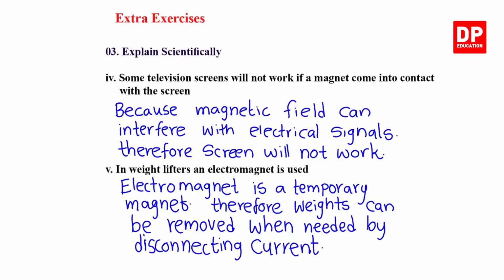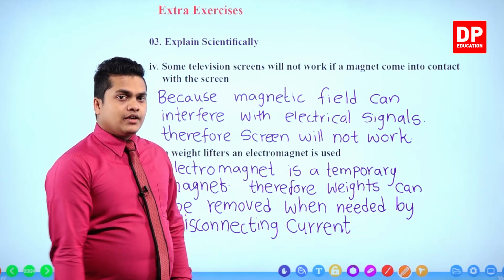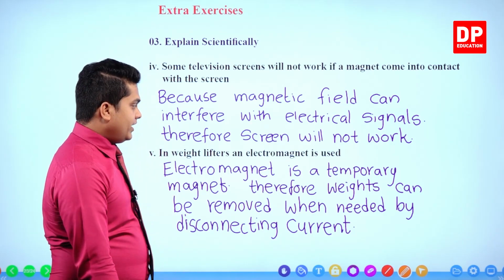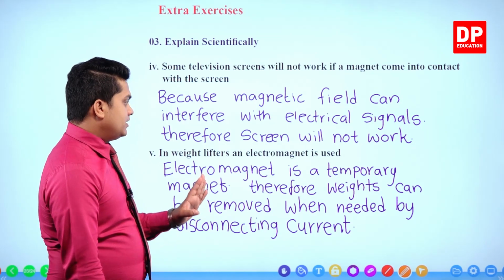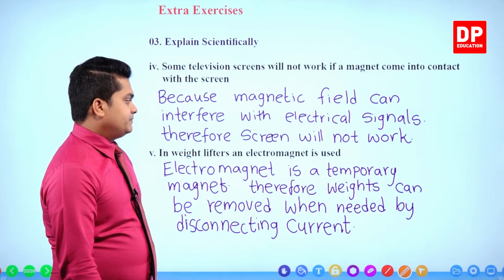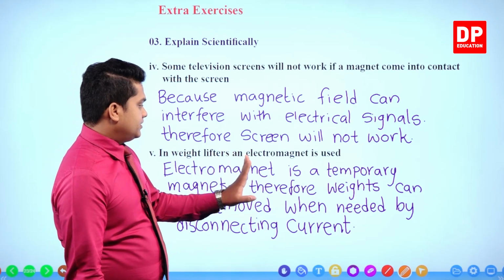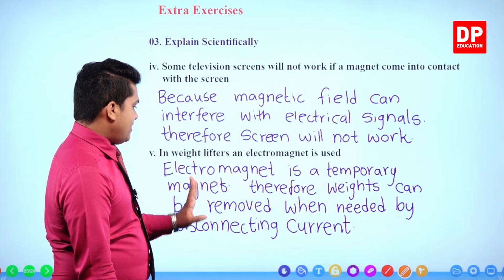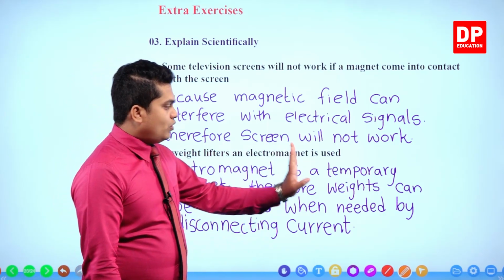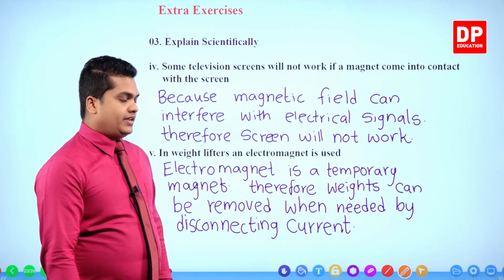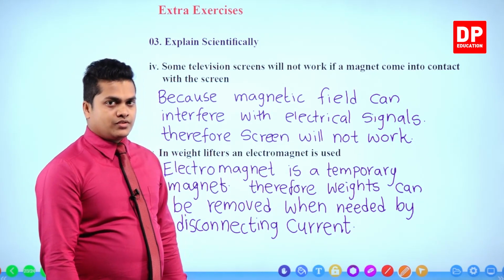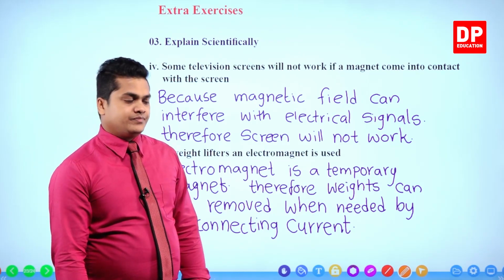So we can remove the weights at the time we want by disconnecting the current. That's why an electromagnet is specifically used in a weightlifter. So this is the reason for it.